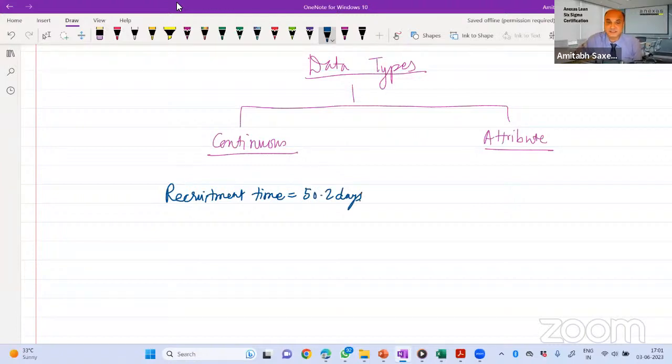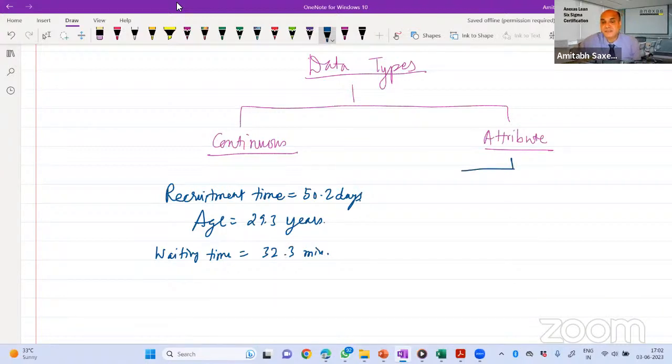It is continuous data. Average age of people whom we recruit, 29.3 years. Again, continuous data. Cycle time, patient waiting time in my hospital, 32.3 minutes. And these are examples of continuous data.